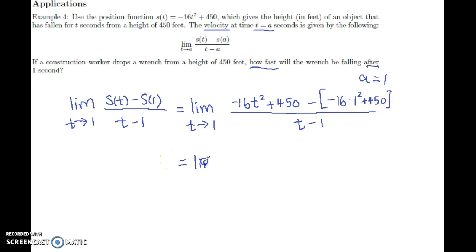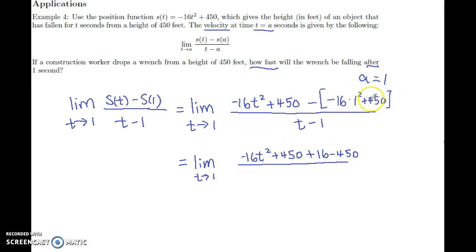We'll simplify the expression in the numerator. So we have negative 16 t squared plus 450, minus negative 16, so it's like plus 16, minus 450.